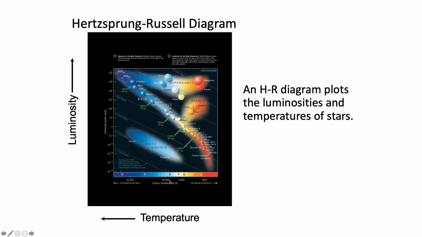Again, for those of you that had a chance to watch the earlier lecture, it's a little bit weird, but temperature increases as you go to the left. Oftentimes when we look at graphs, we tend to think that the values increase as you go further and further to the right. Here it's the opposite.